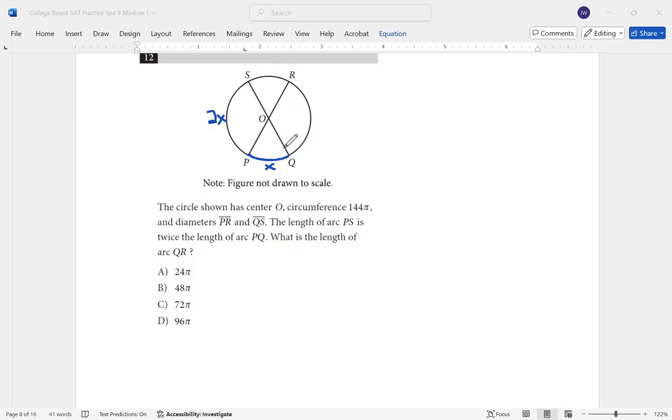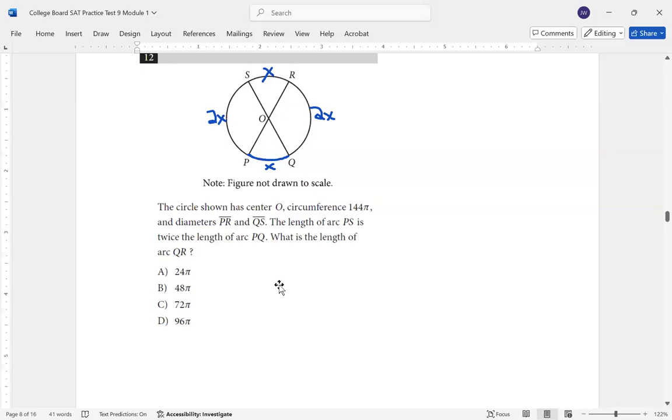Because these diameters cut the circle in half, I know that the same ratios are going to be here. So across from X, from R to S is going to be an X length. That's the arc length here. And from R to Q, that's another 2X. So this is the picture. We have X, X, 2X, 2X.